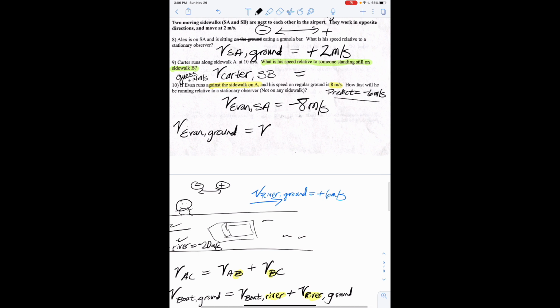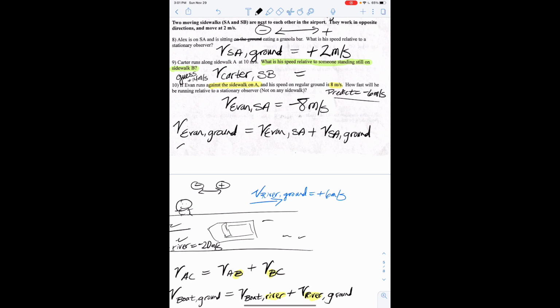So the velocity of Evan relative to the ground is equal to the velocity of Evan relative to sidewalk A. That's going to be our third object. I'm going to write that E over. Plus the velocity of sidewalk A relative to the ground.